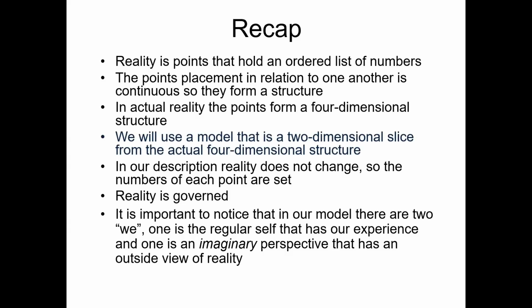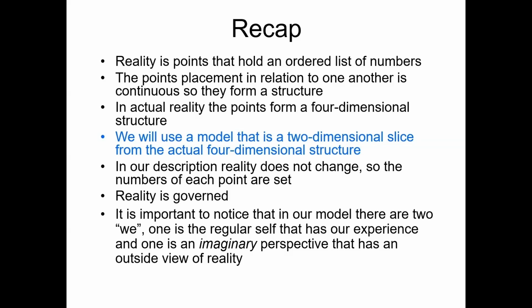To continue, I want to elaborate how we get the two-dimensional slice from our actual four-dimensional structure. So we are losing two dimensions in this process, and I want to see how we lose these two dimensions.